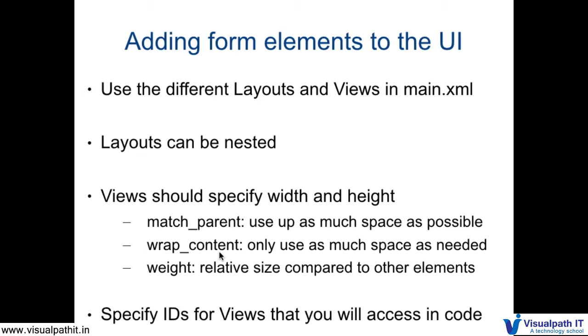I'll just explain what is dp. In general, we would be using pixels, but to make it device independent, because we have high definition devices and then low definition devices, Android has come up with a parameter called dp.